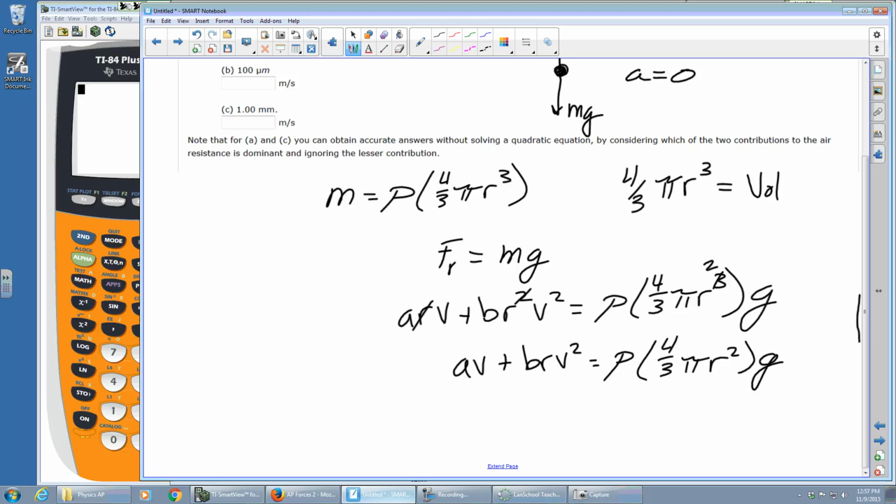Personally, at this point, it's just algebra. This is where I would use the capabilities of my TI to put this in the solver, leaving r as a variable along with v, and then plug in my values for r, and it'll give me a different v every time.